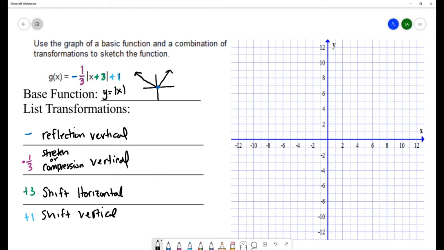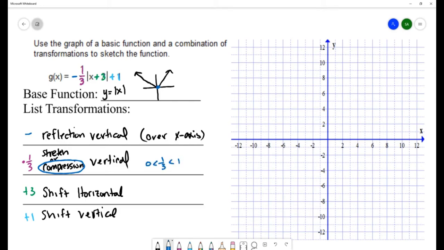With a vertical reflection, that reflection will be over the x-axis. So I've gotten all the information I need about that transformation. For the stretch or compression, because I'm multiplying by a number that's in between 0 and 1, this is going to be a compression. It's going to be a compression by 1/3, because our number 1/3 is in between 0 and 1.